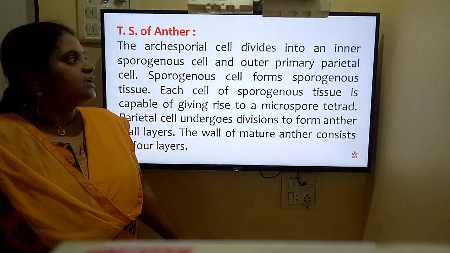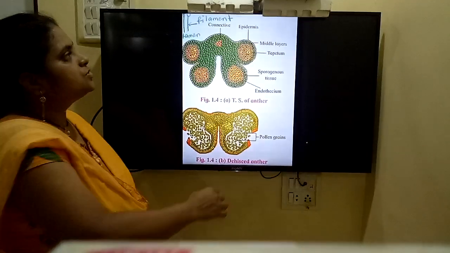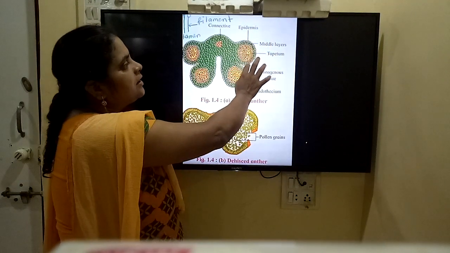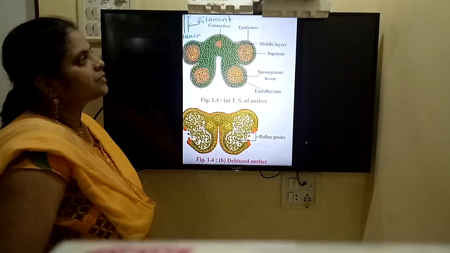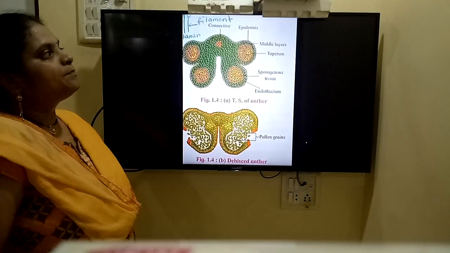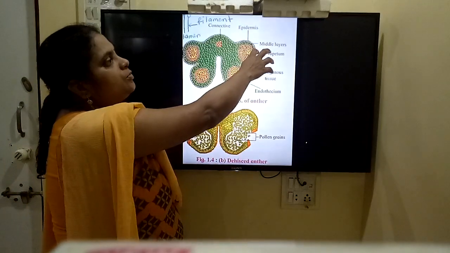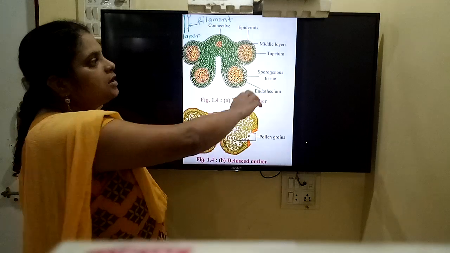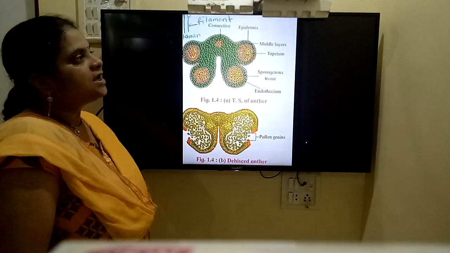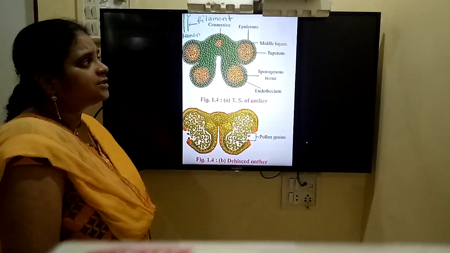Now we can see in the diagram. This one is the outermost layer, the epidermis, which is made up of tubular cells, a protective layer of the anther.